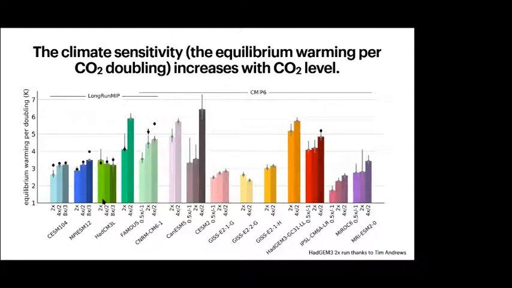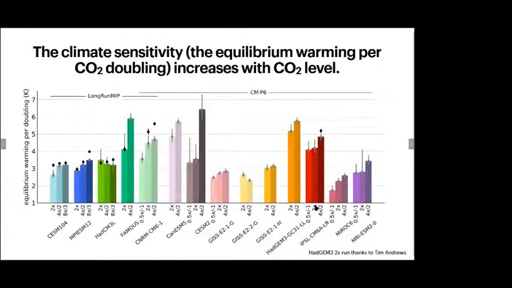That is the actual default experiment used in the CMIP DECK to estimate climate sensitivity, and those values are shown by the 4 times divided by 2 colored bars.